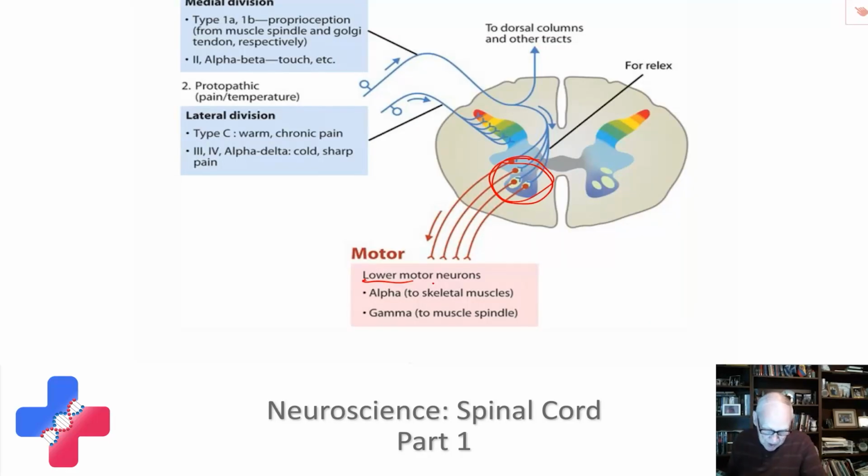The alpha goes to the motor end plate. That's the neuron that releases acetylcholine and all the mechanisms of muscle contraction at the motor end plate. And then the gamma is that unique little outflow of motor innervation that's just innervating the muscle spindle, or the skeletal muscle fibers within it.